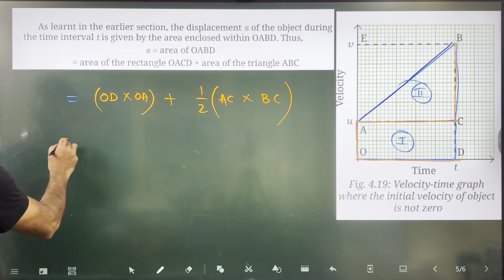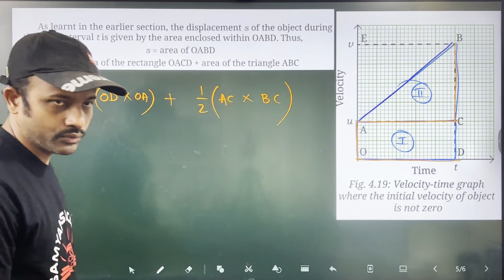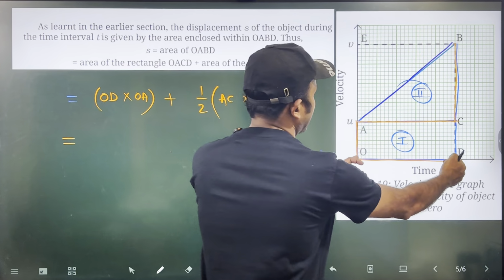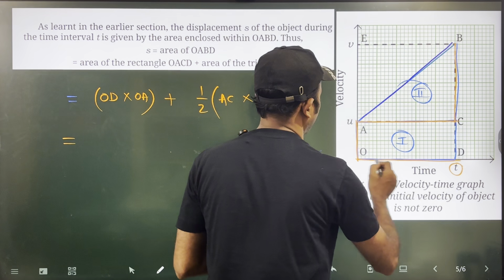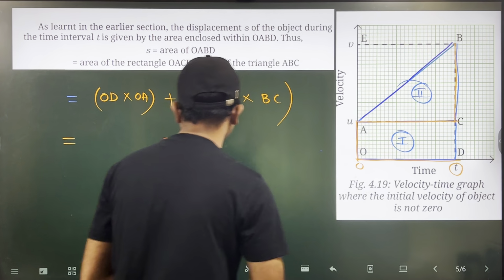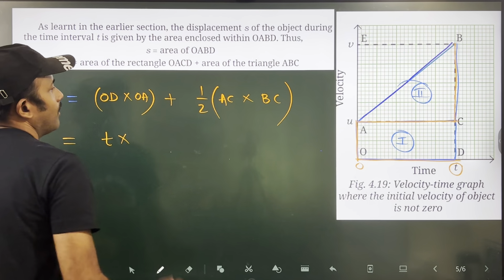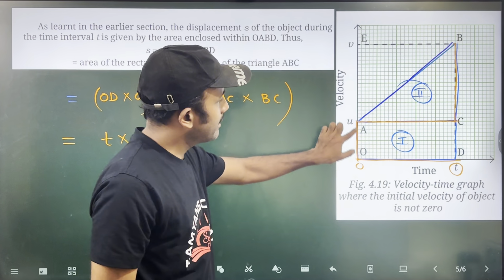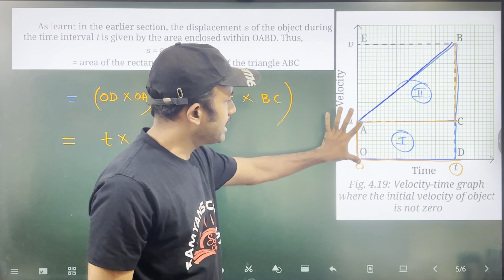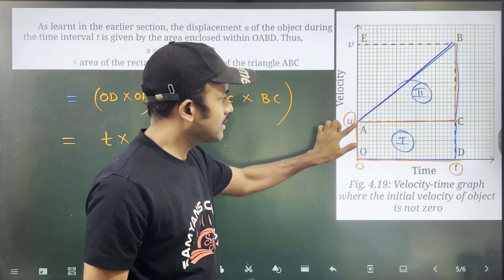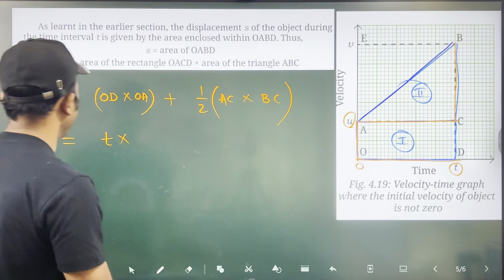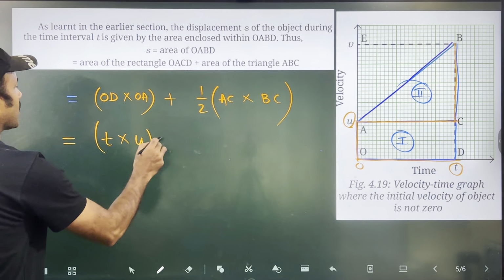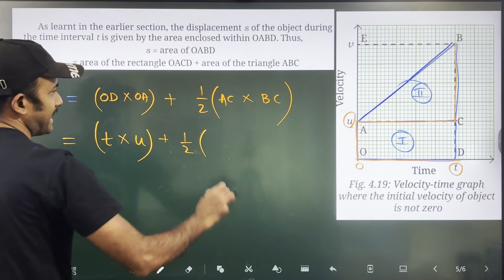Now from the graph, what does the OD value give you? OD is this gap, which gives the time value, so OD is t. What does OA give you? OA is on the velocity axis, so OA indicates the initial velocity, u. So t into u plus half of AC.